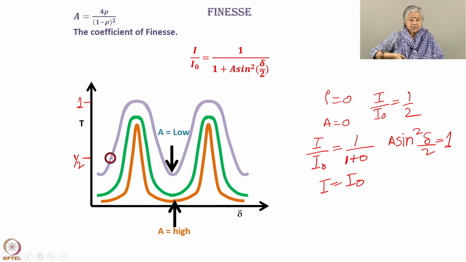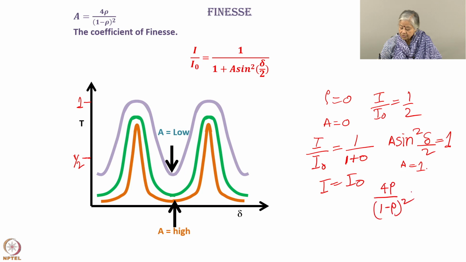So, when the transmission is half, you are not getting such a sharp picture again. Suppose I consider sine square delta by 2 is also 1. So, A will be 1, suppose A is 1, the finesse is 1. So, 4 rho by (1 minus rho) whole square equal to 1.